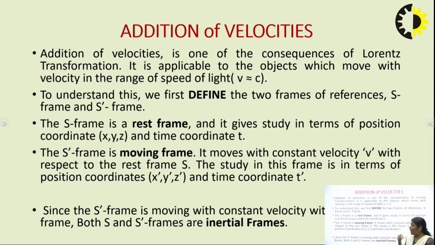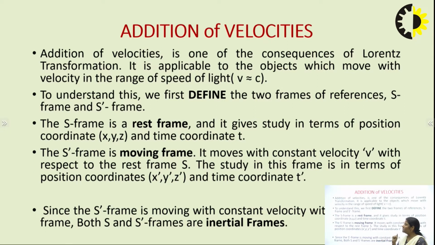Now, how do we give information when we are discussing the S dash frame? The information will again be given in terms of position coordinates and time coordinates, as we had in the S frame.